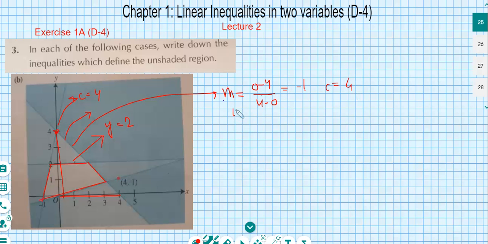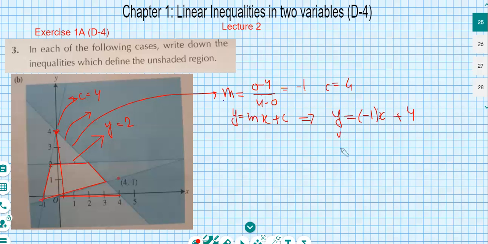So the equation will be y is equal to mx plus c, where m is minus 1, so minus 1 into x, and c is plus 4.